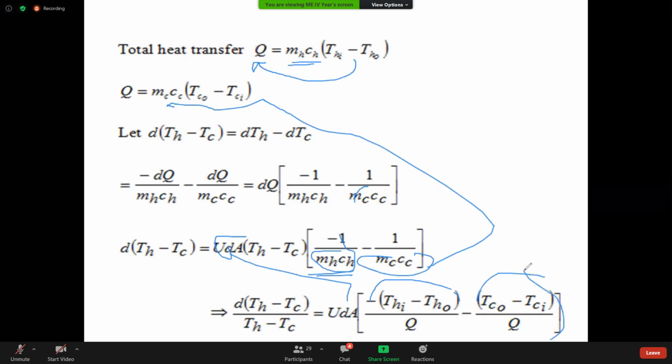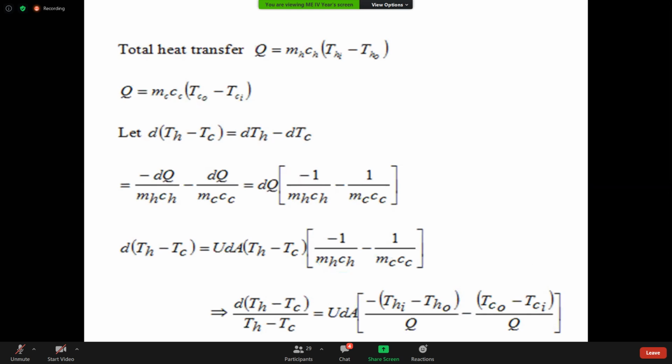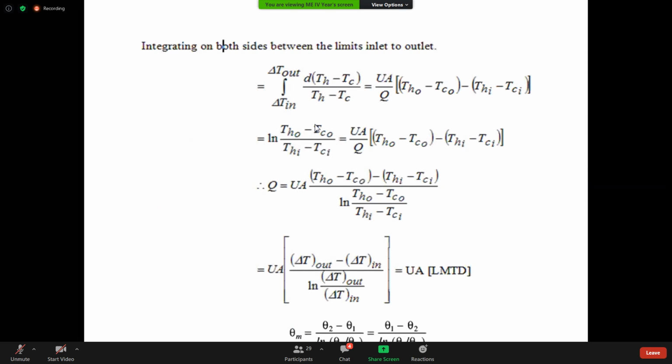Right. Now what I do here, see, this differentiating term I can integrate. Let this be theta, and this be theta. d theta by theta between the limits 1 to 2 we integrate. Here the integral is over area 0 to A. After differentiating and integrating, I can write like this: delta T in, delta T out, theta 1 minus theta 2.